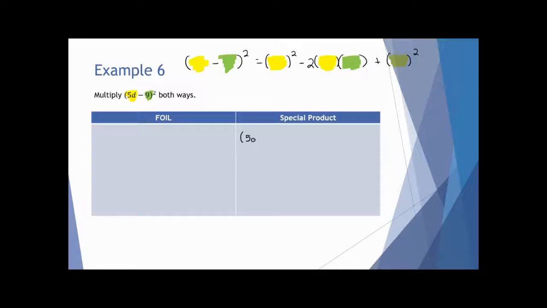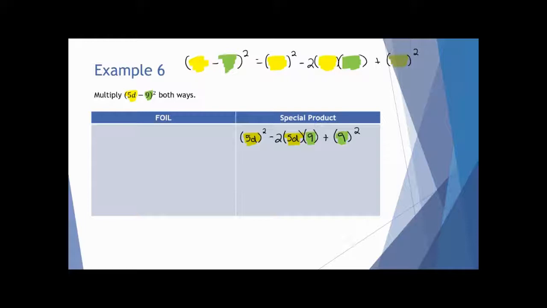So I have 5d squared, then minus 2 times the yellow, so that's times 5d, then times the green, which is 9, then I have plus the green squared. So that is plus 9 squared. So I'm going to just highlight these so that you can see. I'm just replacing the highlights with the correct part.